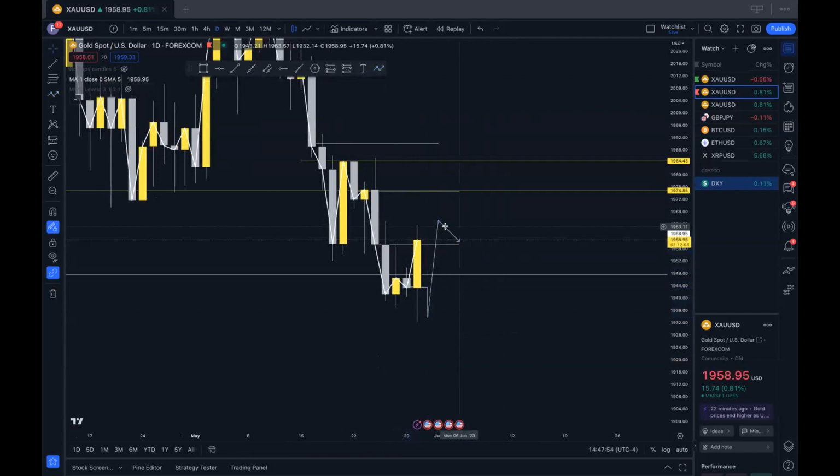So what can we determine from that? If tomorrow or tonight, this closes above this level, this is considered a breakout. If we're going to keep going up, what's going to happen tomorrow? It's going to open, drop, high, and close, right? And it's going to come to test one of these levels.